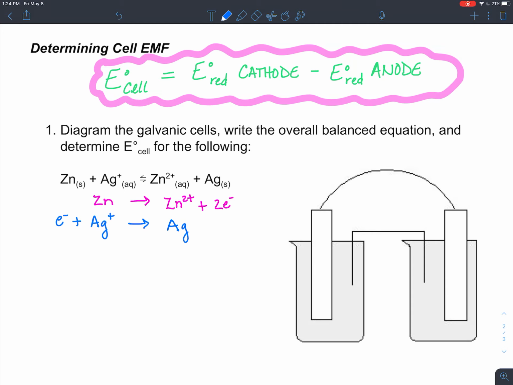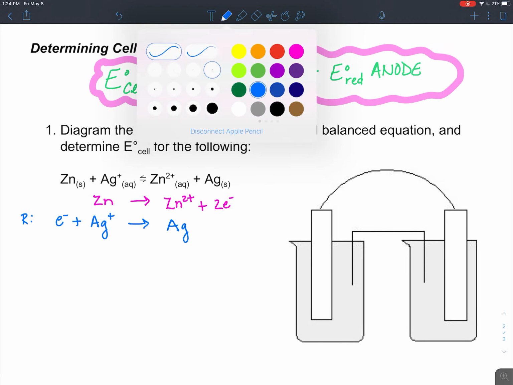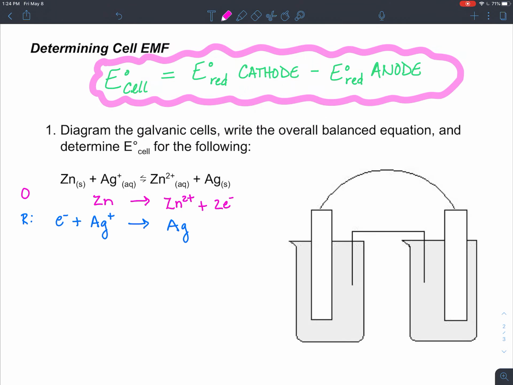Now, we see that the bottom one is gaining electrons, so that's a reduction. And if we go back up, we know that the reduction is a red cat. That's going to be at our cathode. So this is going to be the reduction. Okay. And so we're going to kind of keep that in mind here in just a moment. And then the other one is actually the oxidation.